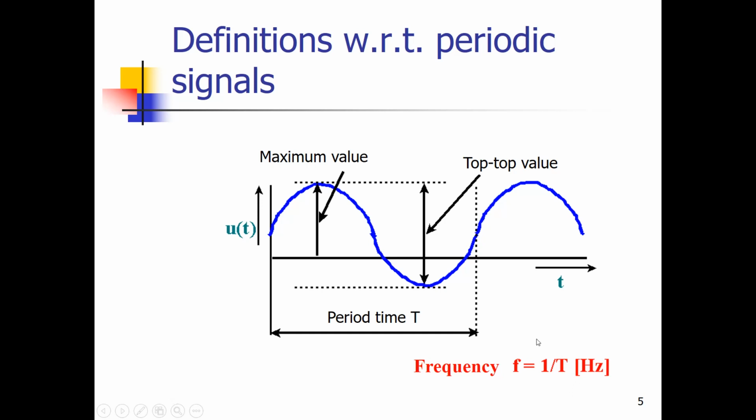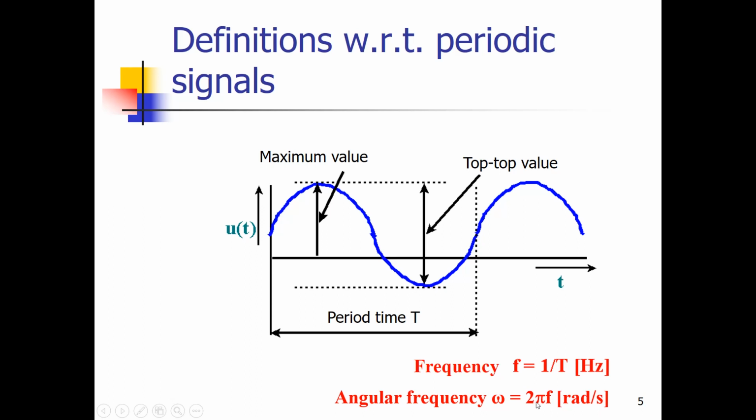And the unit of frequency is hertz. So it's 1 over second, and another unit is hertz. We can also, based on this frequency, define the angular frequency, omega, which is 2 times pi times f. And the unit for angular frequency is radians per second.